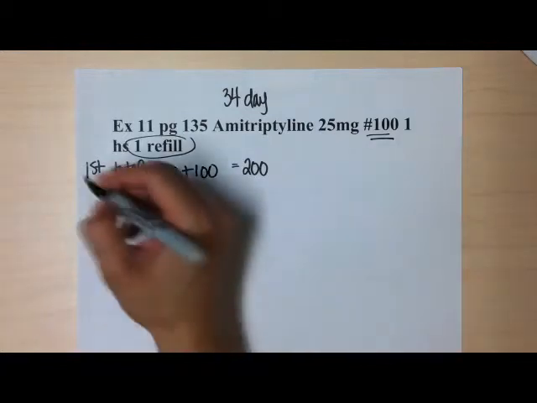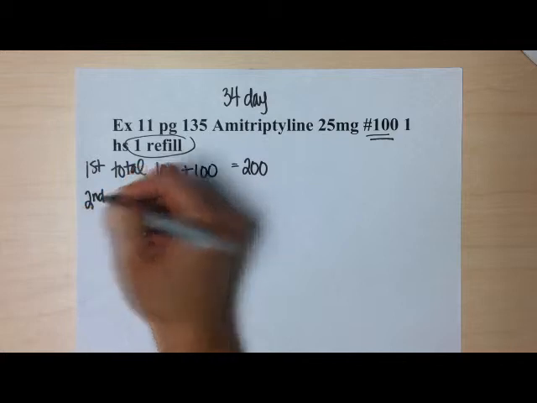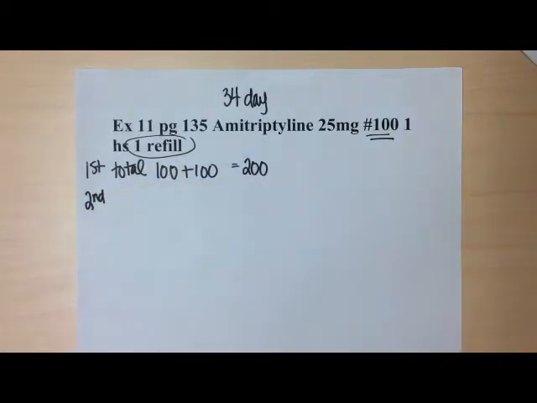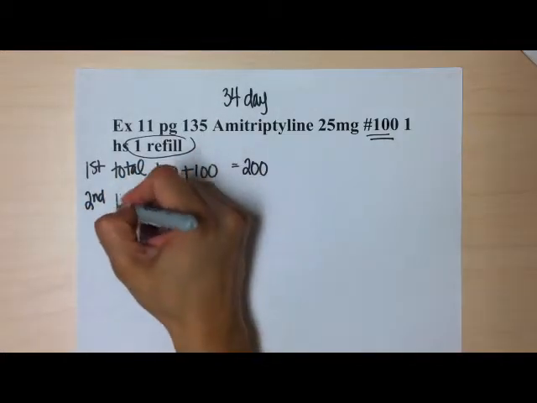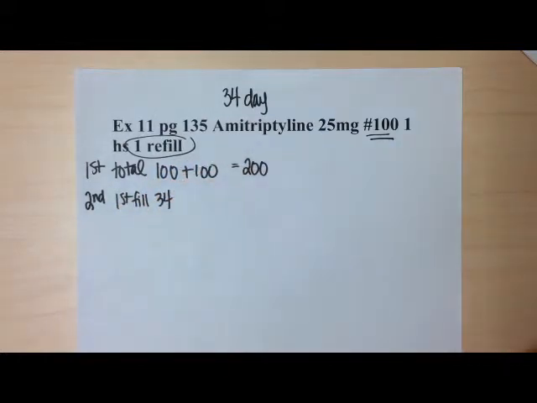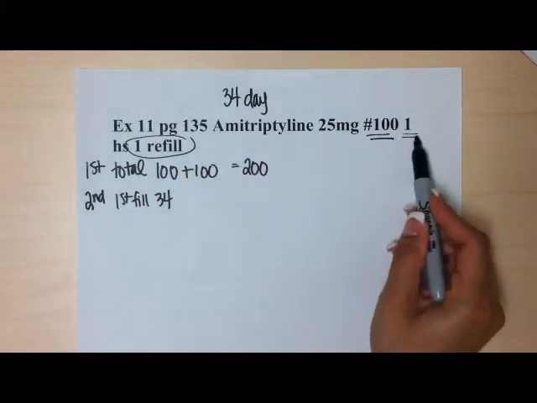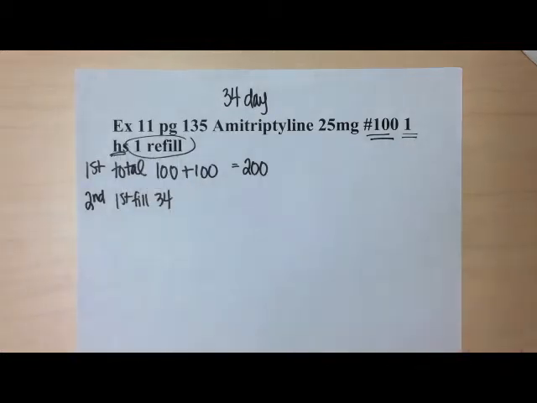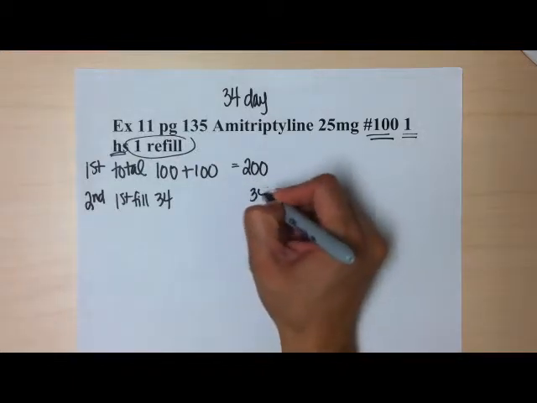Second, you want to tally what that first fill is going to be for 34 days. We have to look at the dosing. We see here that it's just 1 HS, which means 1 at bedtime. So if they're just taking 1 a day and we're calculating for 34 days, that first fill will only be for 34 tablets.